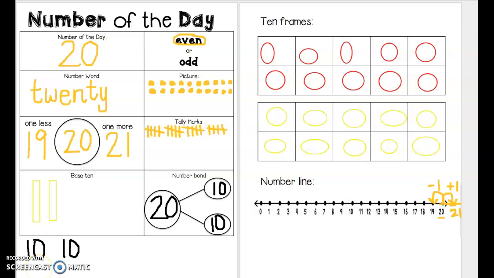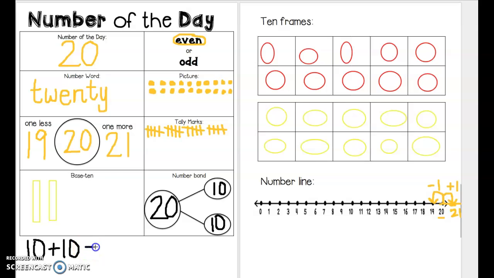I want to know how many they have all together. I can see in a chicken coop 10 eggs in one nest. Then I see 10 more. If I want to know how many all together, am I going to join those eggs or separate them? I'm going to join them. I'm going to add, because I want to know how many all together.